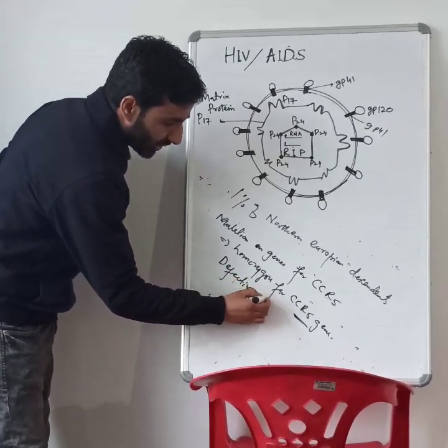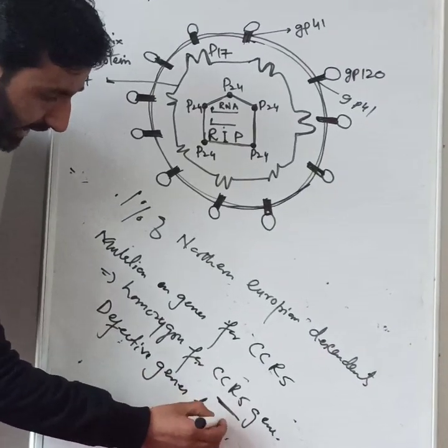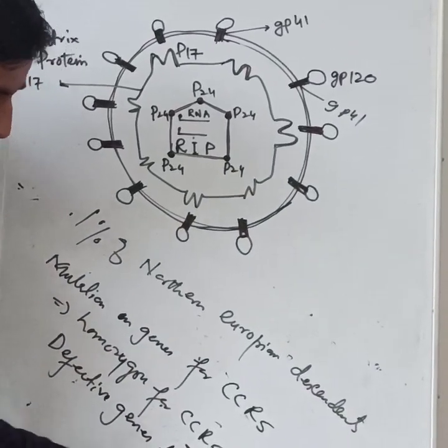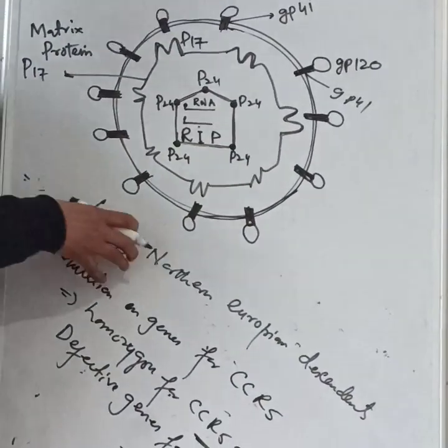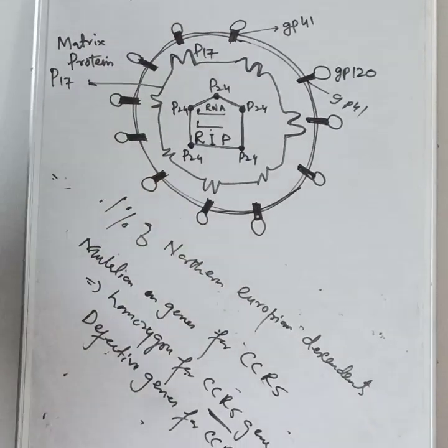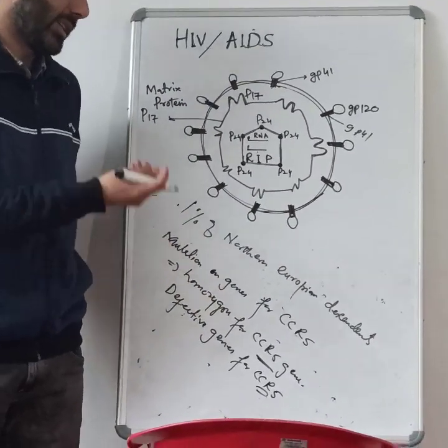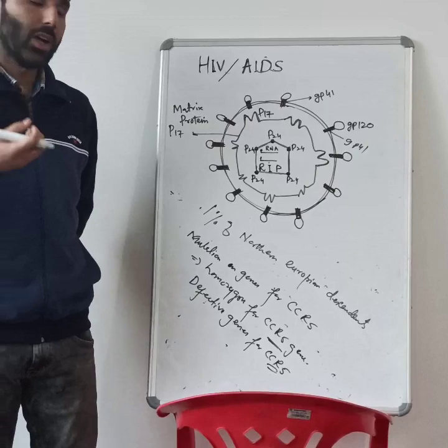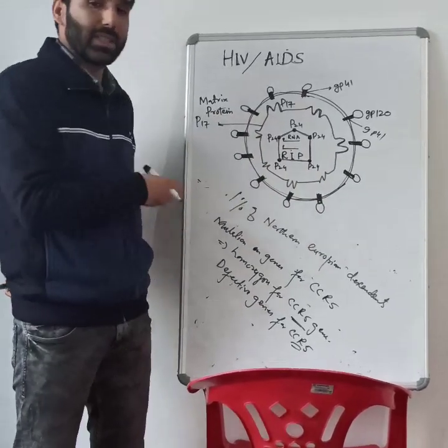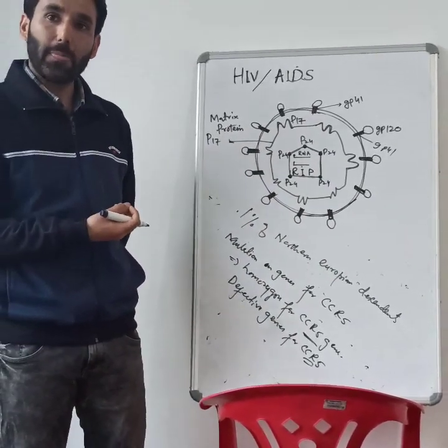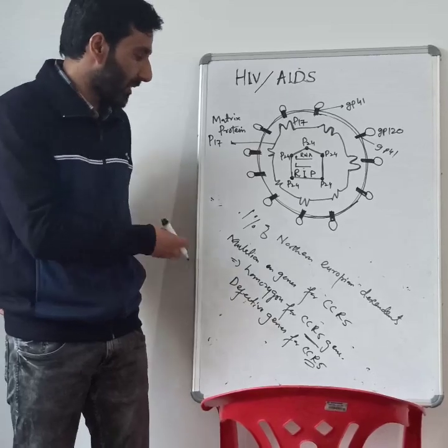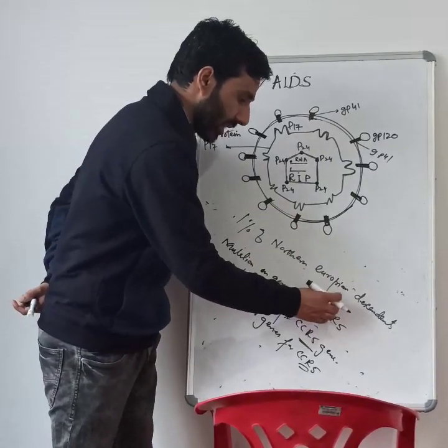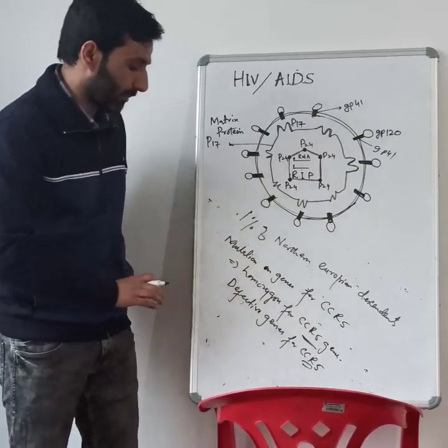So the 1% of the population of Northern European descendants have an upper hand against this virus because they do not have functional copies of the gene which will normally produce CCR5. They have the defective copies of the genes.